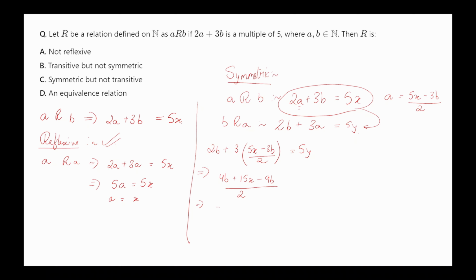So this would basically become minus 5B plus 15x by 2. From here I can see that I can take 5 by 2 common. This would become 3x minus B.